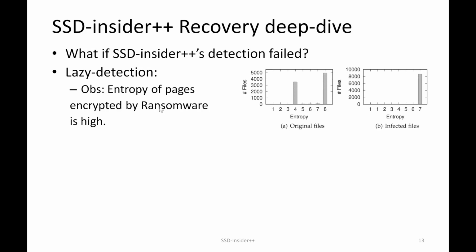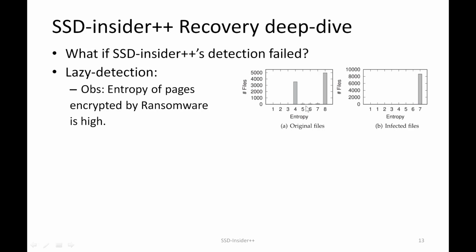They have given an example where they considered 8 different files, right? Some of them have very low entropy and some of them have very high entropy. After the files were infected with ransomware, almost all the files have high entropy.